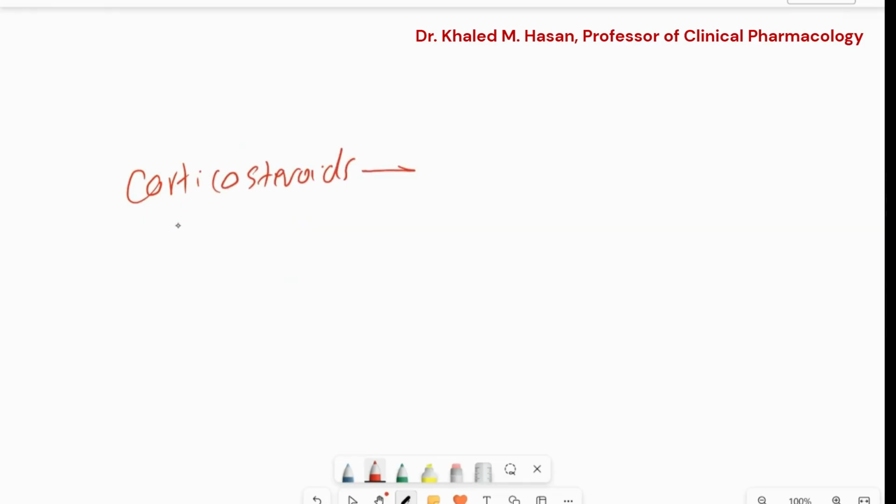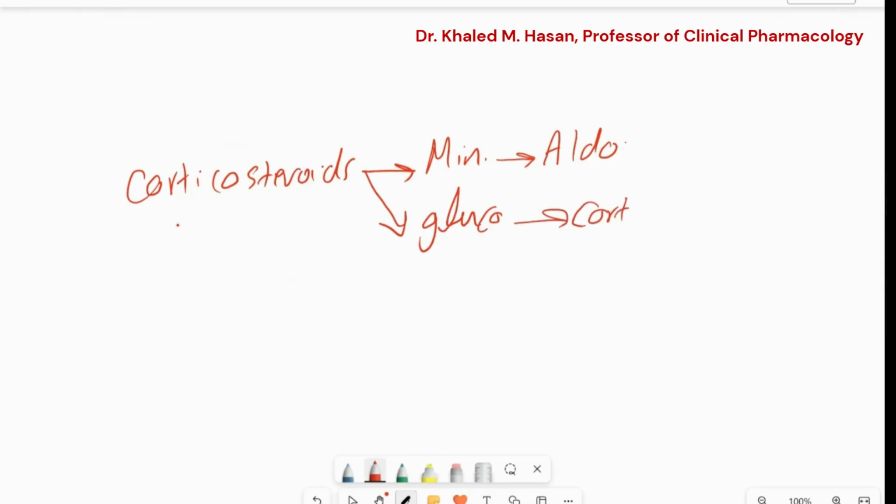For corticosteroids, you remember that we have two main groups. We have mineralocorticoids, then we have glucocorticoids. For the mineral group, the main hormone here will be aldosterone. When you speak about the glucocorticoids, the main hormone here will be cortisone or cortisol. This one is inactive, and this one is active.